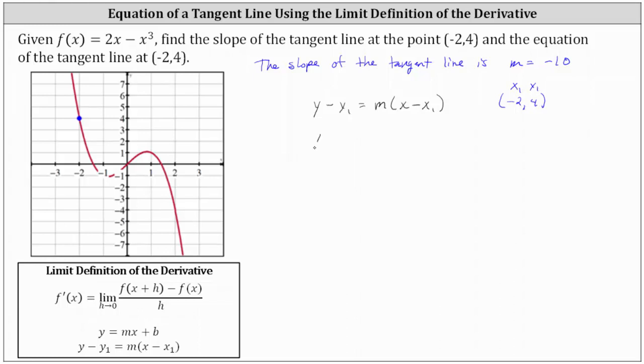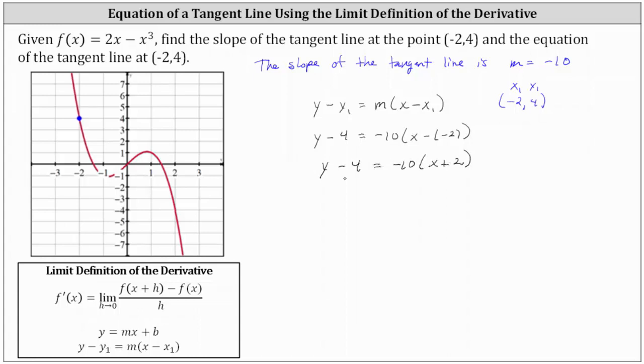Which gives us the equation y minus 4 equals negative 10 times the quantity x minus negative 2. Simplifying, we have y minus 4 equals negative 10 times the quantity x plus 2.